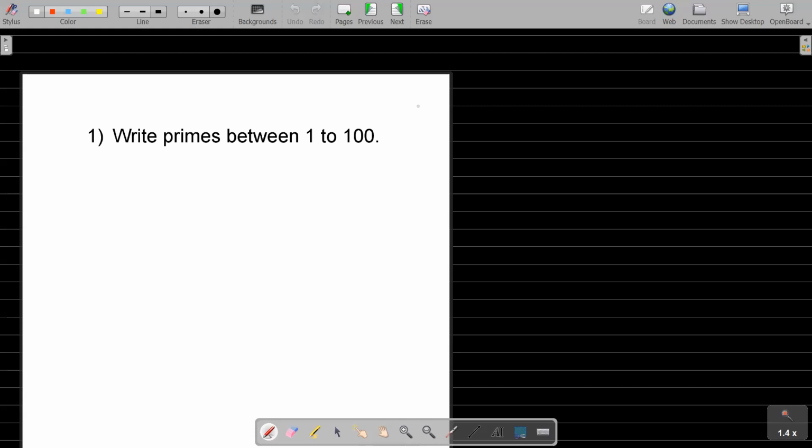We want the primes between 1 to 100 for some further problems. So it's better you list all primes between 1 to 100 in your notebook, and in the chat box write only to me, don't disclose the answer, the number of primes between 1 to 100. Okay, is the question clear? Yes, sir.